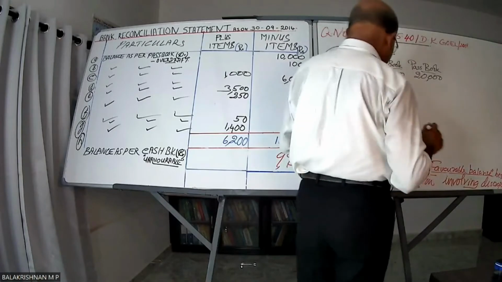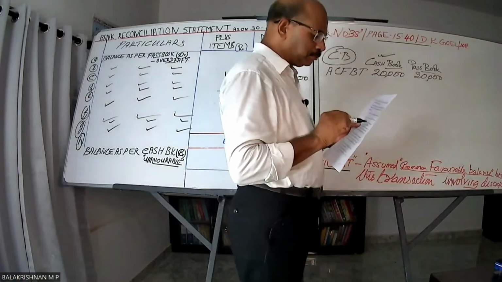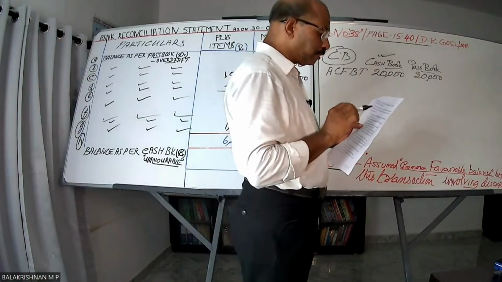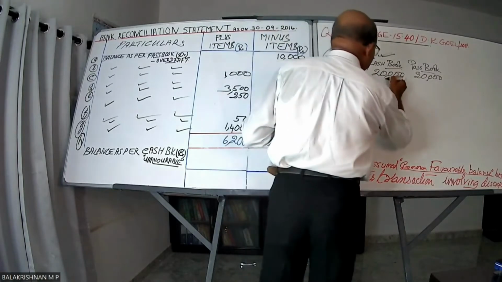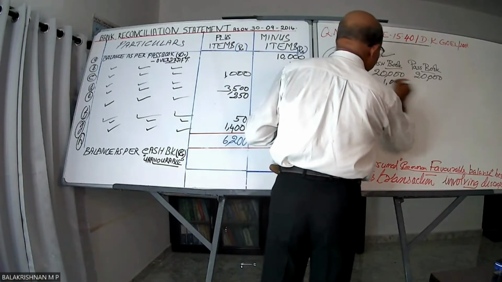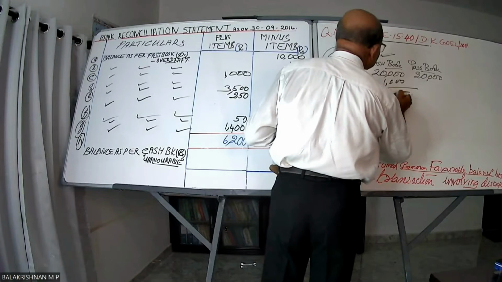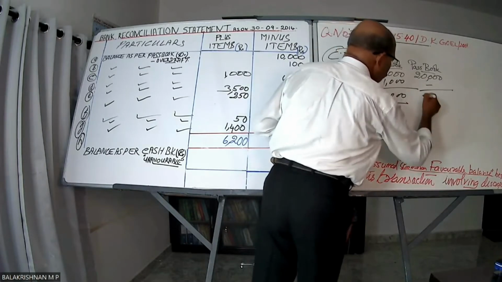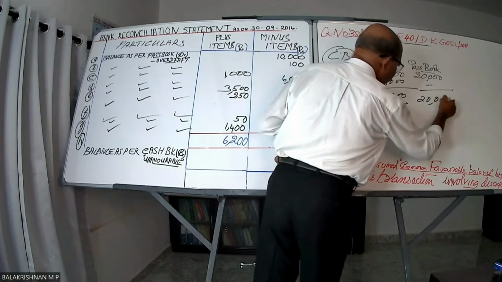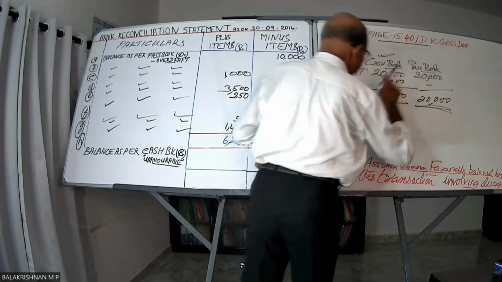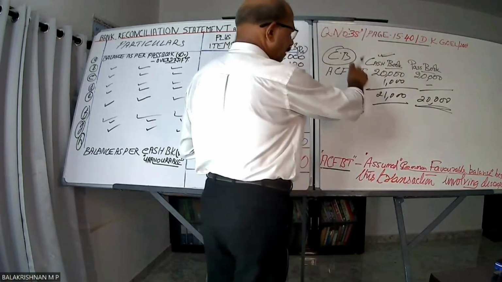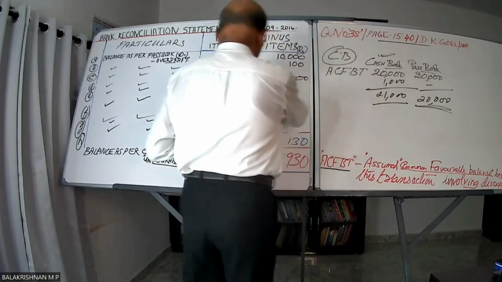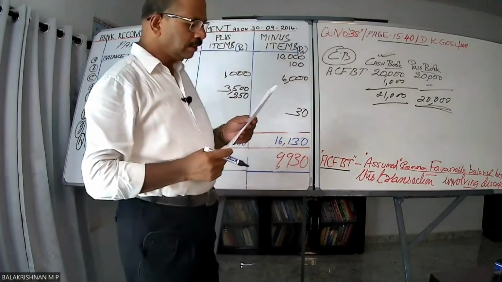Check received and recorded in the cash book, but not sent to the bank for collection. Received and recorded means my cash book has gone up to 21,000. Of course, the passbook has not got it, as it has not gone to the bank. From 20,000, an increasing effect in the cash book, that is the concerned book. So 1,000 increasing effect.